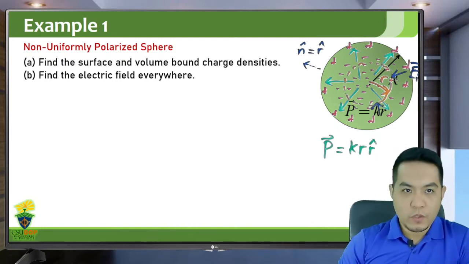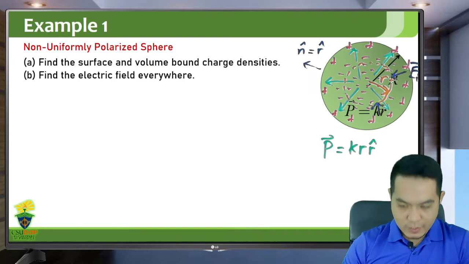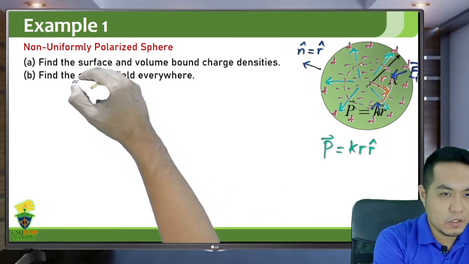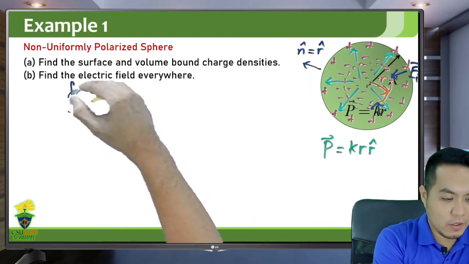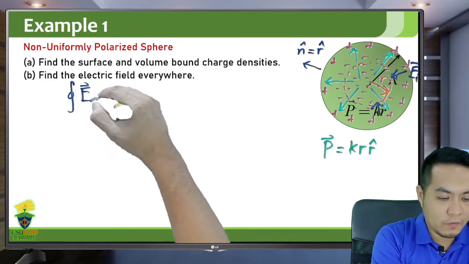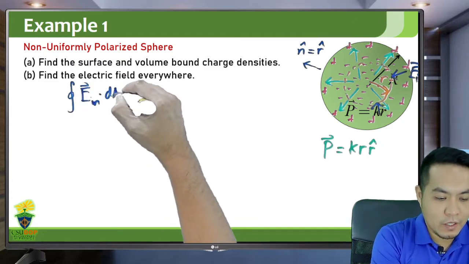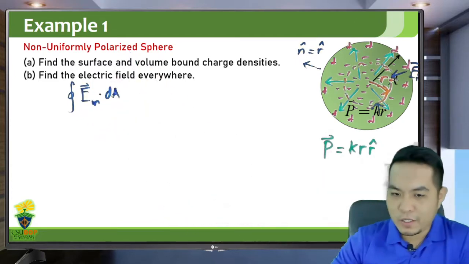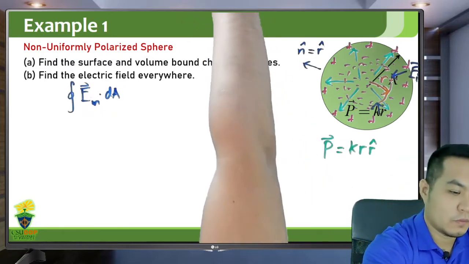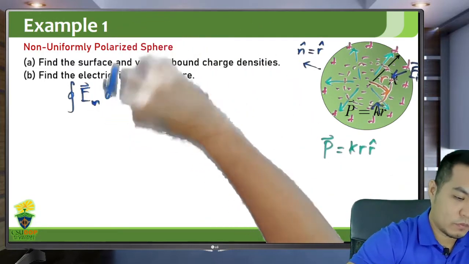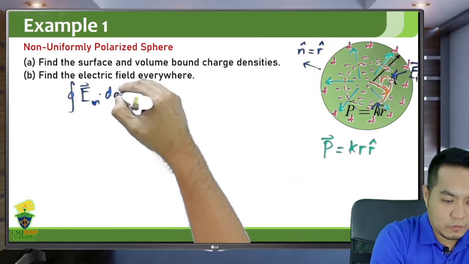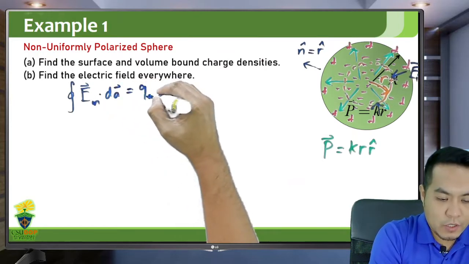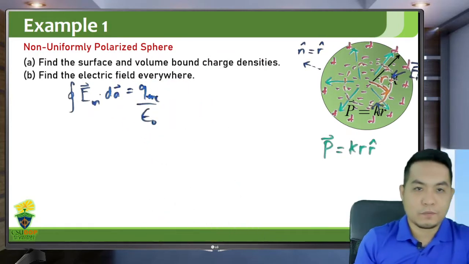Okay, if you use Gauss law in this manner, you will have the closed integral of E inside dot dA equal to the charge enclosed over epsilon naught.